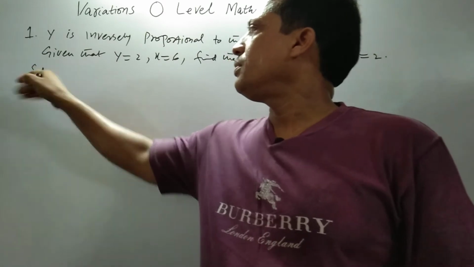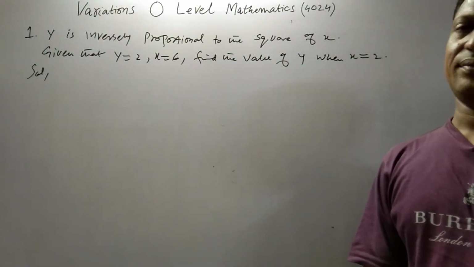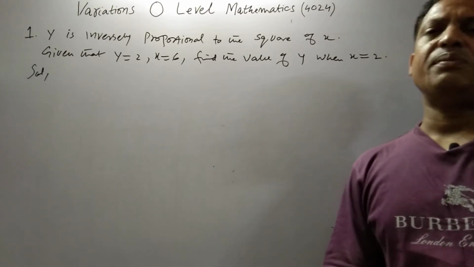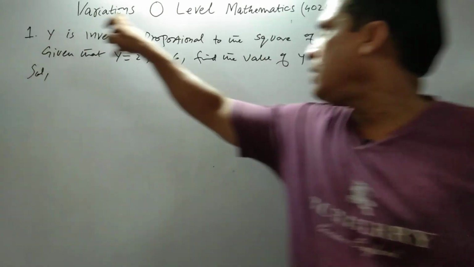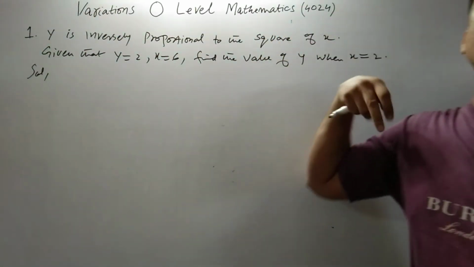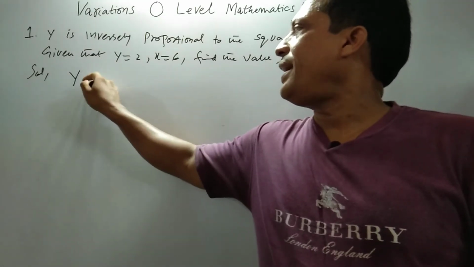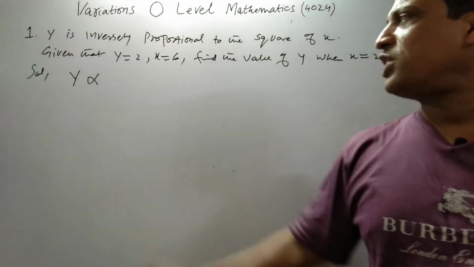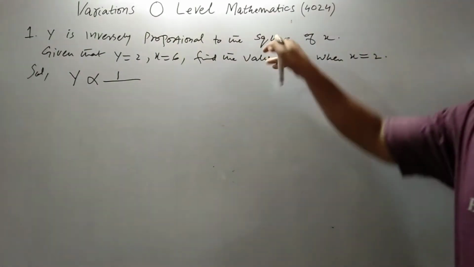Solution. What is the relation in this question? The inverse relation between those quantities, y and square of x. Square of x means x square. So according to the question, y is inversely proportional. Inverse means always write 1 upon square of x.